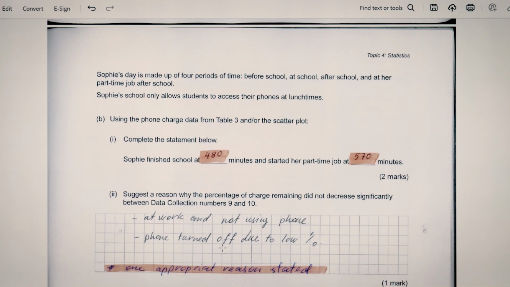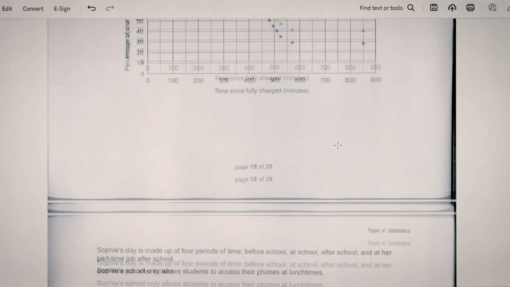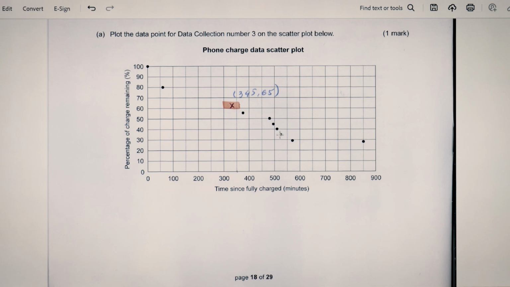Then the question: Sophie's day is made up of 4 periods of time: before school, at school, after school, and at her part-time job. Using the phone charge data in table 3, complete the statement: Sophie finished school minutes and started her part-time job. Normally what we are looking at is this bit here.